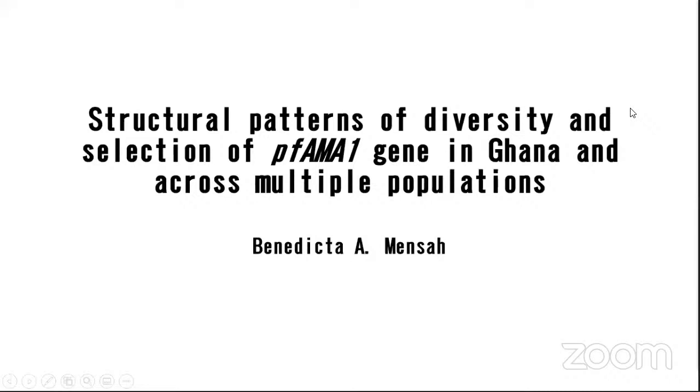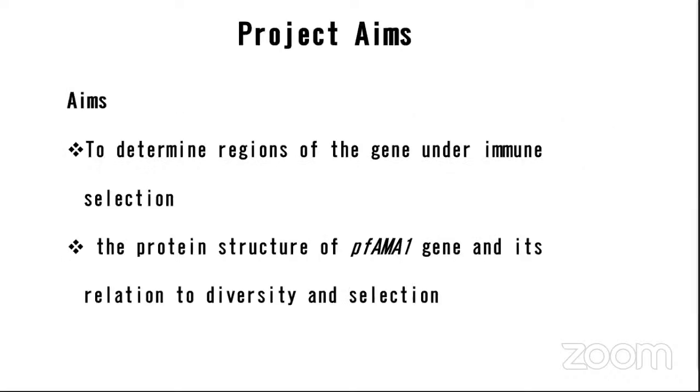So the title of my project is looking at the structural patterns of diversity and selection of Plasmodium falciparum apical membrane protein 1 gene in Ghana and also across multiple populations in the world. So my name is Benedicta Mensah.